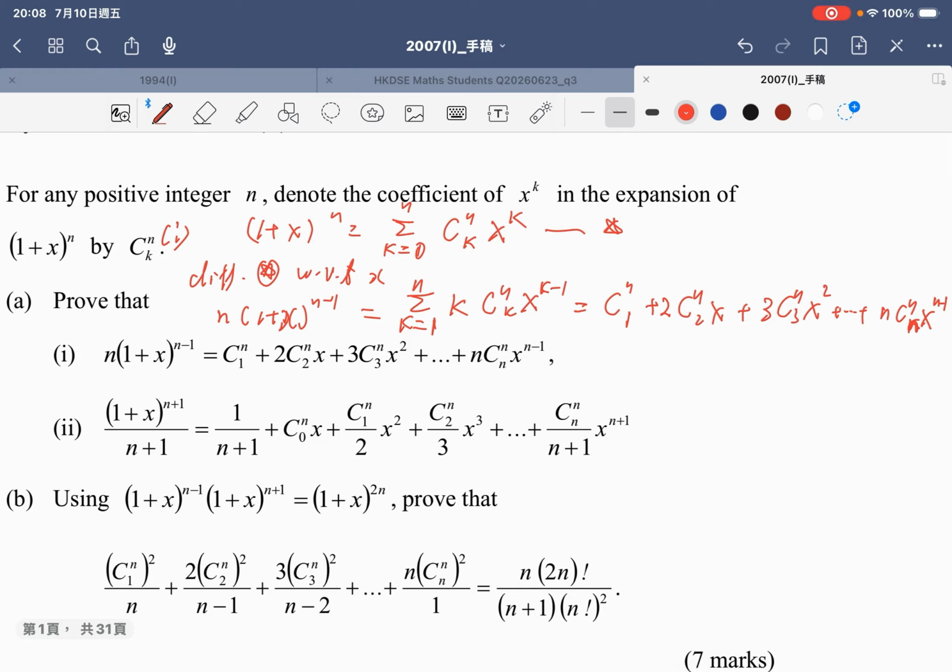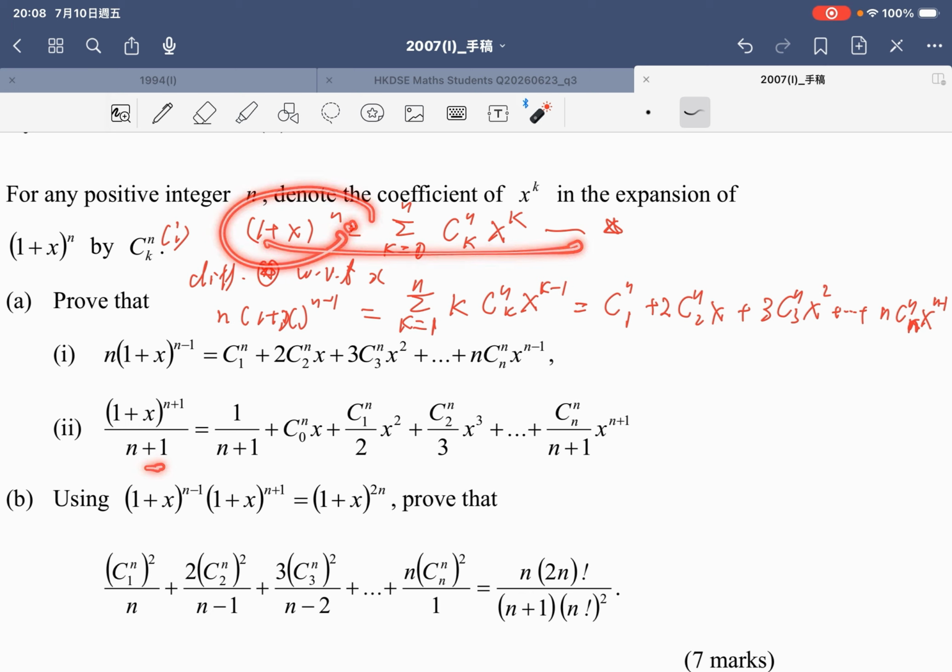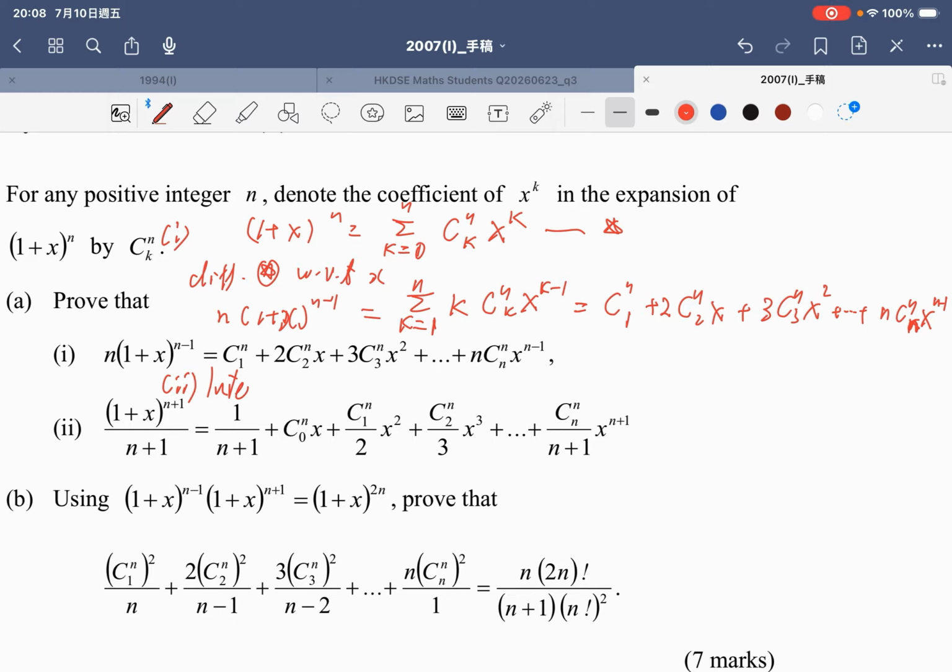And for the second one, you can see that the denominator on the right hand side of the identity is n plus 1. We have to integrate both hand sides here. Integrate star with respect to x.